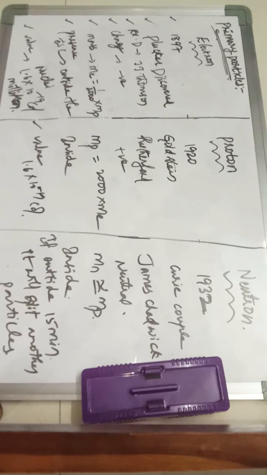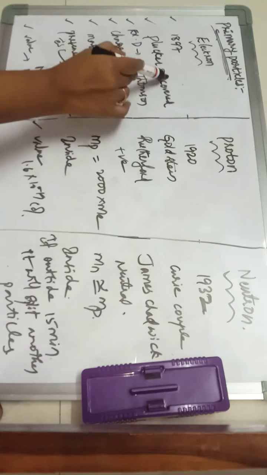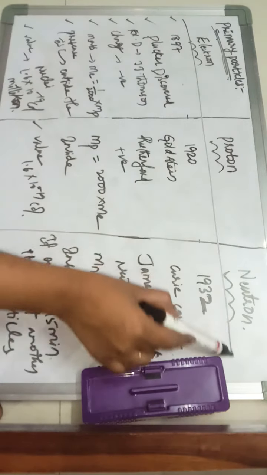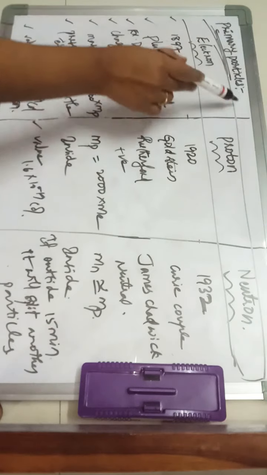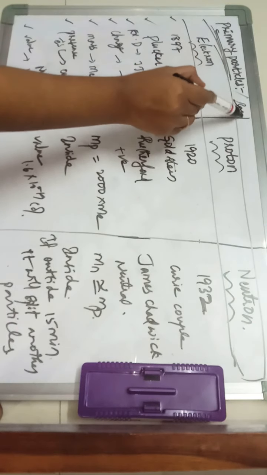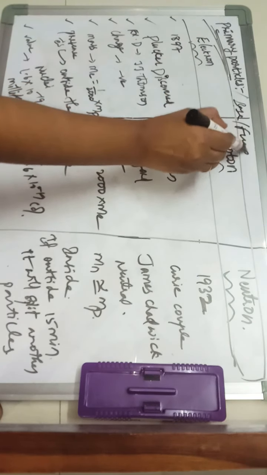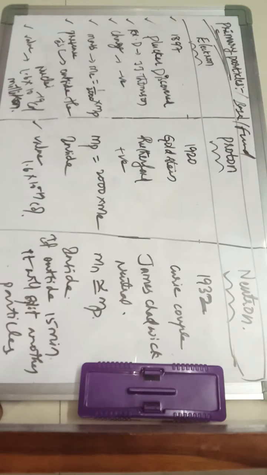For the neutron there is no value. These are what you mainly have to remember about primary particles, or base, or fundamental particles. By this way you can easily remember this topic.